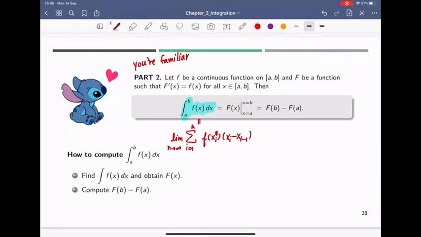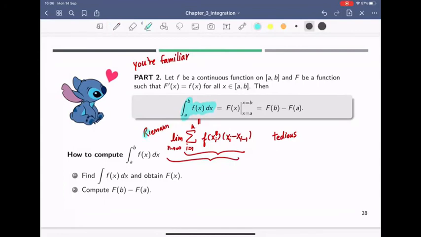And then you're going to say, what the heck is this thing? This is so tedious. People tried to find a way to avoid this because the Riemann sum is so hard to deal with. You have to compute the summation first, and then take the limit after. It's so time consuming.